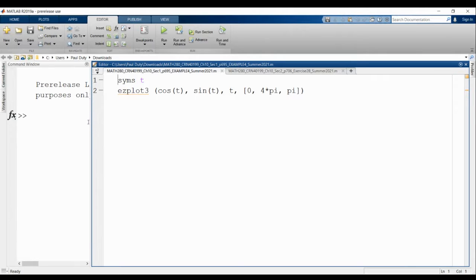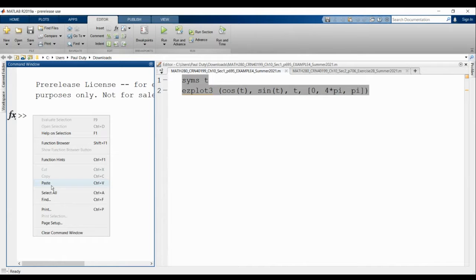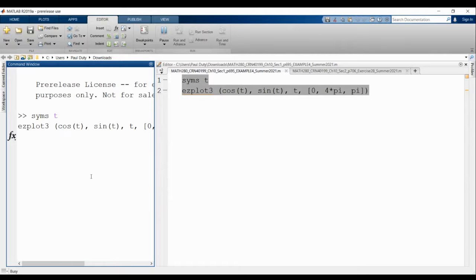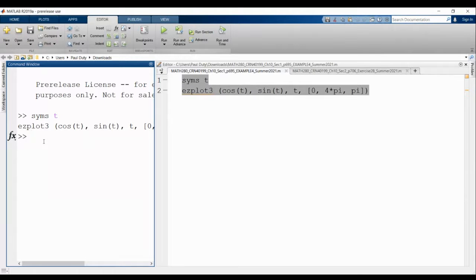So what I do is copy the code and paste it on the command line. I paste and then enter. By the way, it's usually good to use the command clear vars to clear your variables, so nothing interferes with the program.